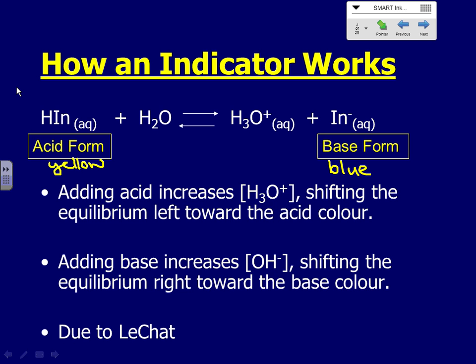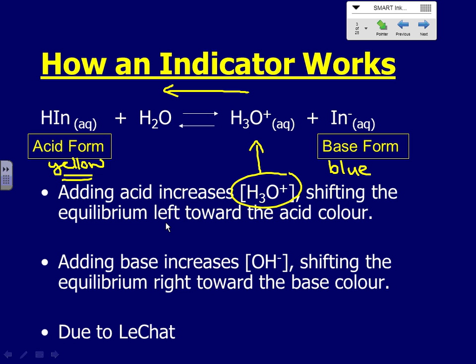And if we add an external source of acid, let's say we've got lots of acid in our solution to begin with, and we add the indicator, that excess acid increases the amount of H3O+, and according to Le Chatelier's principle, that will push the equilibrium over to the left, and that will make the solution more yellow, all right?